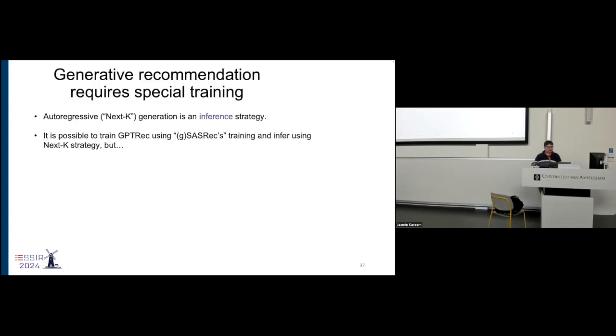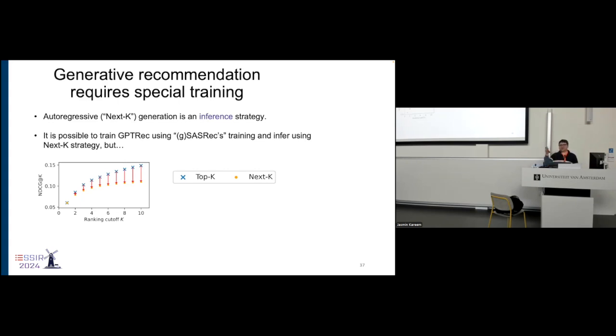Okay, the problem is that I just described how we can produce recommendations, but it is an inference strategy. If we just take, for example, SASRec, which is kind of a GPT-based model, and start inferring recommendations as is, we will get a problem. At the start, for the first item, we recommend the same way as SASRec, always recommending the most probable next item, but the next one will be based on the previous one.